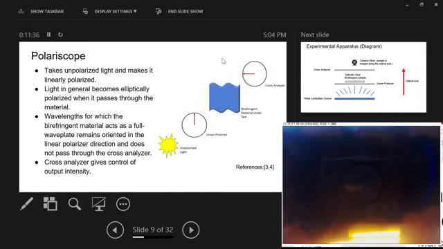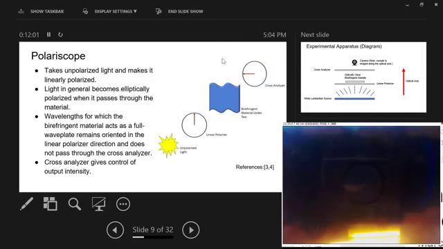So how do you study these things? I've been showing you some images of an object that is exemplifying this photoelastic effect. But in order to actually view it, you need to put it in something called a polariscope. What a polariscope consists of is an unpolarized light source and a set of linear polarizers.